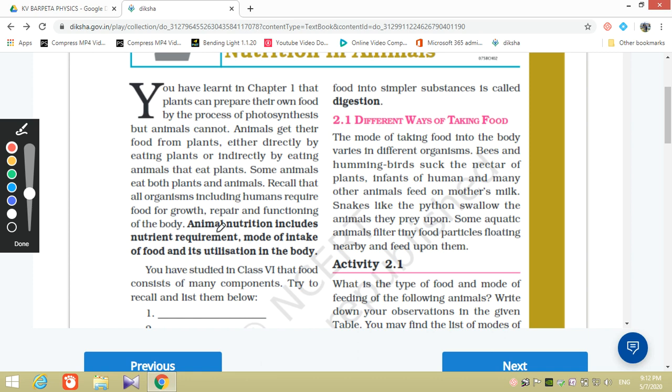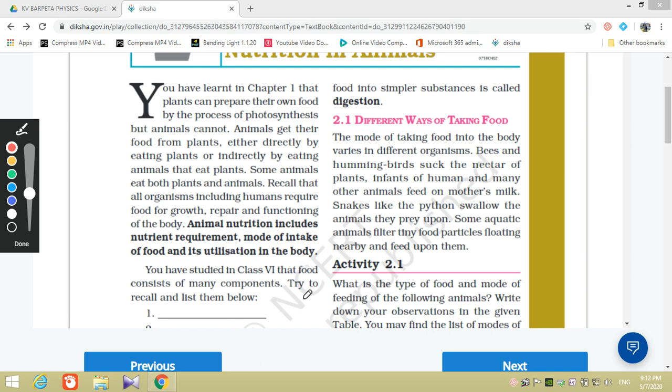Animal nutrition includes nutrient requirement, mode of intake, how the food is taken, and its utilization in the body. So animal nutrition involves three things.